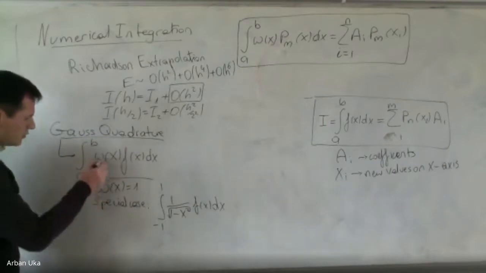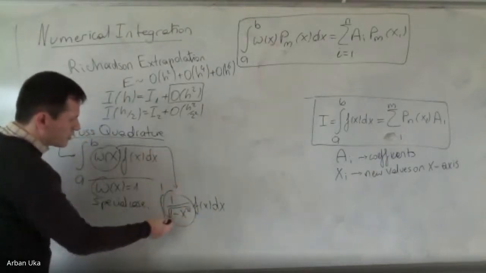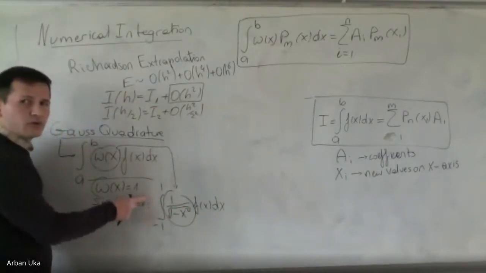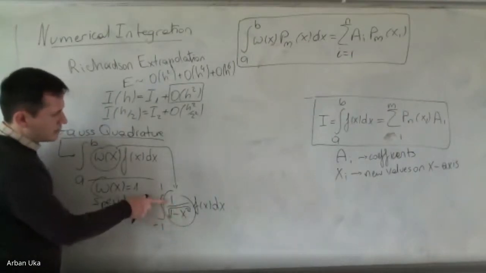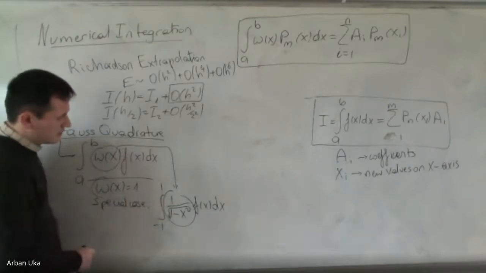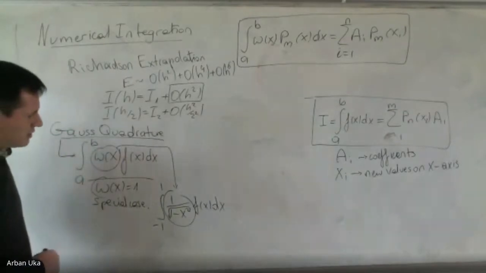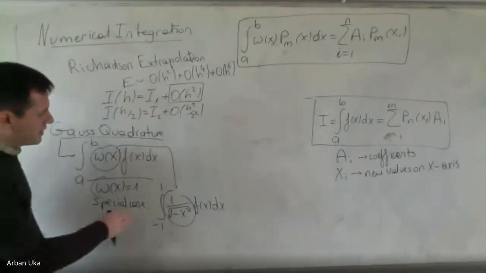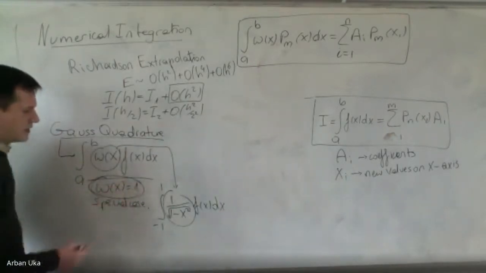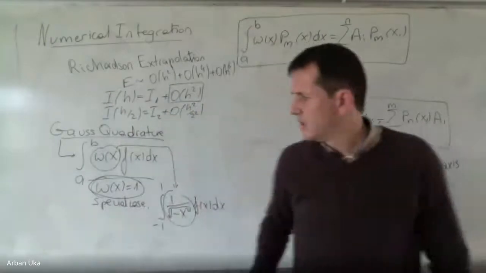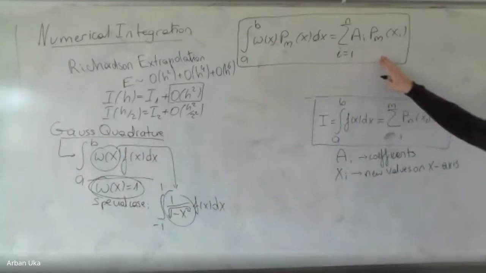This function w here is carrying the singularity because this part is not defined at the endpoints of the integral, right? Because 1 minus 1 is 0, so we have a singularity because 1 over 0 is not defined. But with Gauss quadrature, using special polynomials or special functions, we are able to do this. Today, we are going to focus mainly on the special case, okay? And even from the textbook, I guess all the examples are given for this special case. We come back to this part.